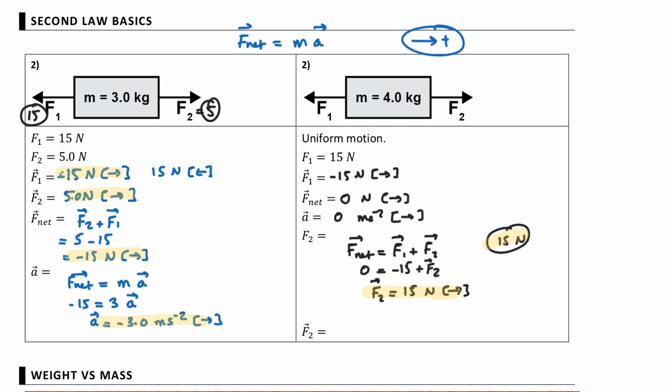If we're given the acceleration, then we will use the acceleration to find the net force, and if we're missing any of this information, then we are going to use Fnet is equal to the sum of the forces to find those forces. So again, in this situation, we have to use the idea that Fnet is equal to the sum of forces, and it also equals mass times acceleration. And that's what we're going to use in this unit.